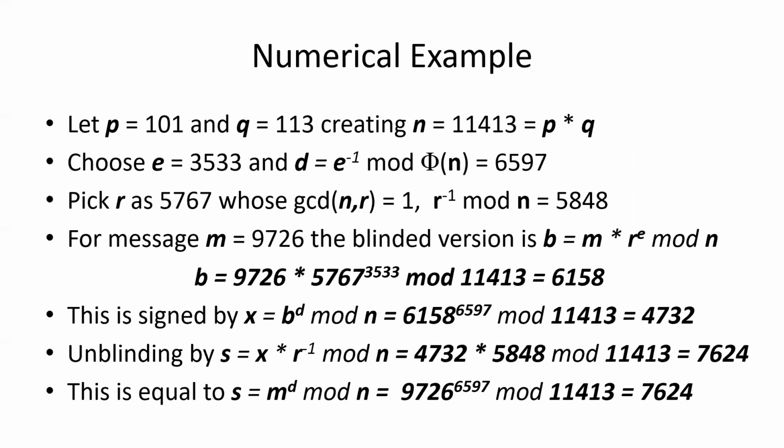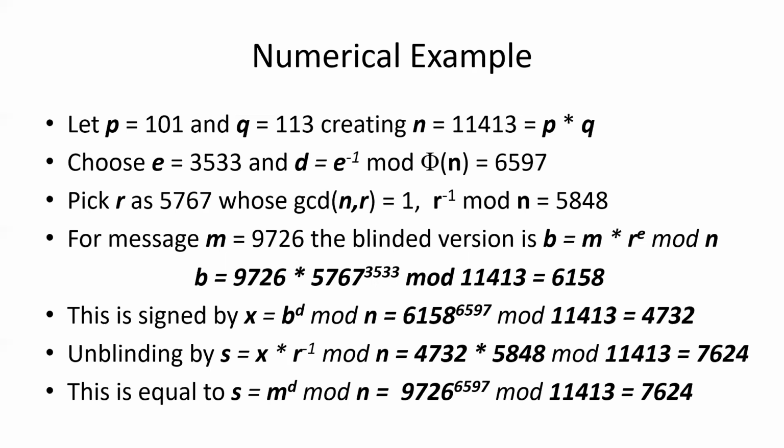Okay, I got out my calculator and ran an example. So I picked two rather small prime numbers and created N, which is P times Q. I picked small numbers so my calculator would handle it. Choose E and D. E is just a random number I picked, and D is the inverse of that mod N. So there we go.